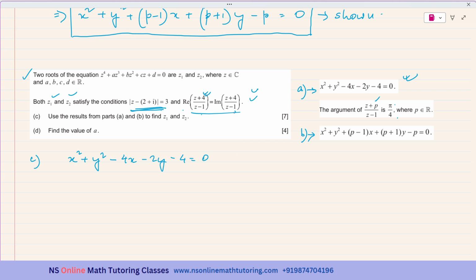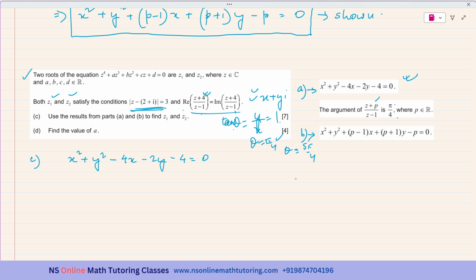Real part is equal to the imaginary part means tan theta is equal to y over x, when the complex number is x plus yi. When y is equal to x, then tan theta will be equal to 1, and tan theta equal to 1 when theta is either equal to pi over 4 or, from the first quadrant or from the third quadrant, the corresponding angle will be 5 pi over 4.